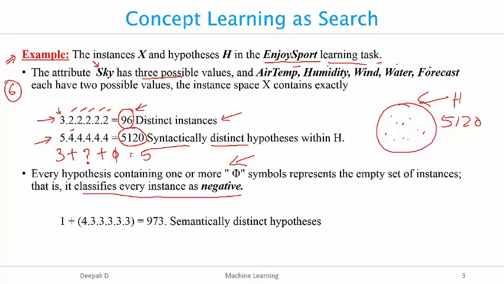If you consider this and compute, you will find 973 semantically distinct hypotheses. For this, the 4 values are the 3 values of the Sky attribute plus the question mark. Similarly, for air temperature there are 2 values plus the any-value-acceptable constraint. When you compute this, you will find 973 semantically distinct hypotheses.